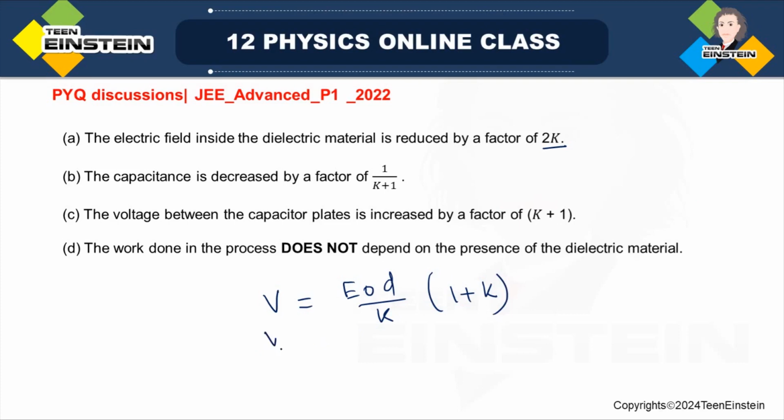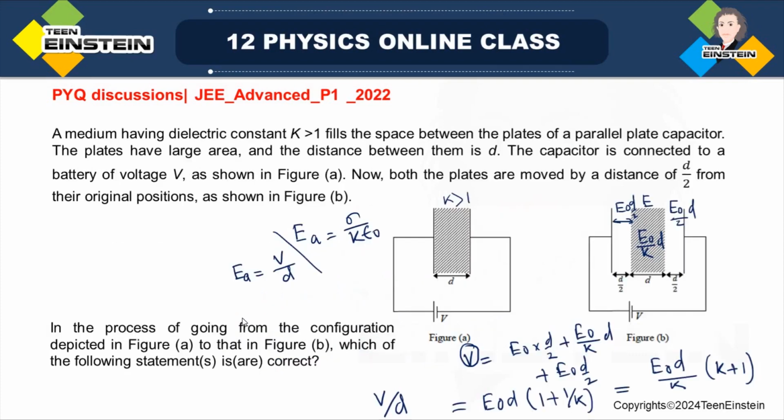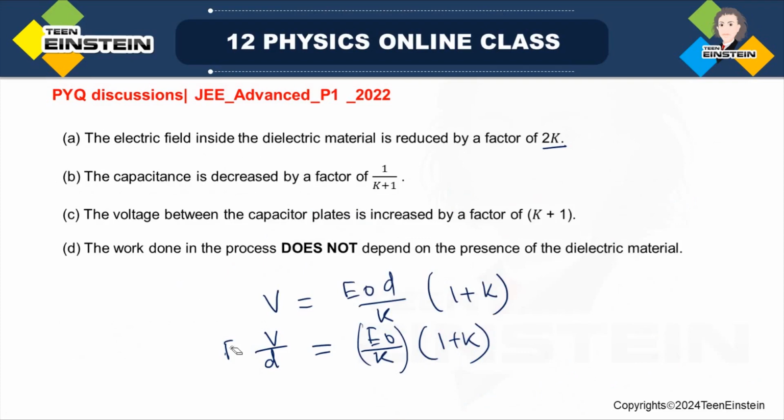So here if I divide this by d, then I get E0 by k whole into 1 plus k, right? And look, this is the electric field inside the material. This is also inside the material, but this I have taken as, suppose, E1, as I had written, let us say that is EA. And now this I'll write as EB.